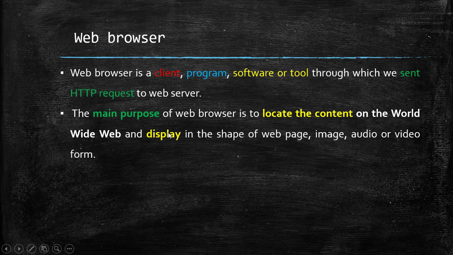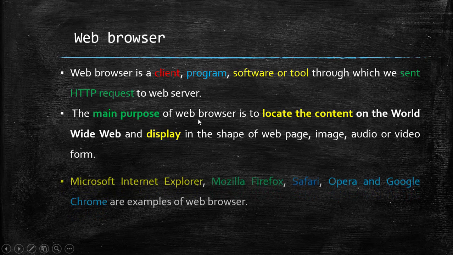Depending on our request, which type of resources we want to access, the web browser will display those resources. So our information may be in the form of web pages, images, audios, videos. The main purpose of a web browser is to locate information and, after locating, display it.